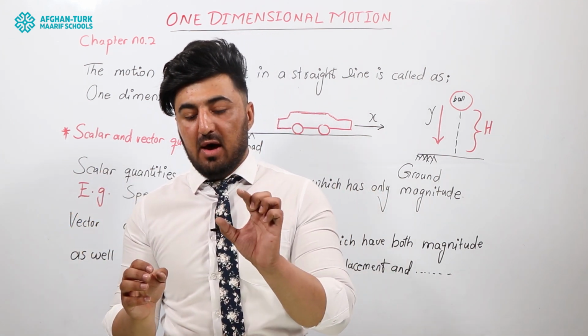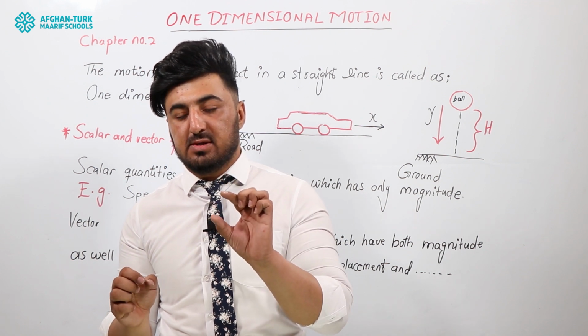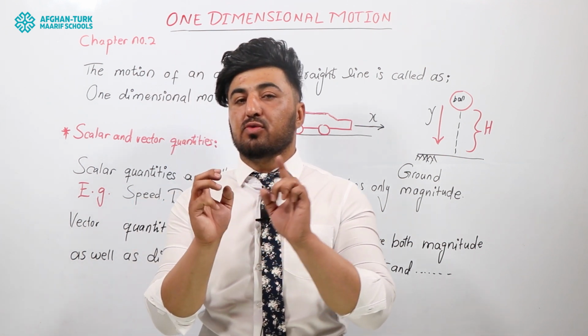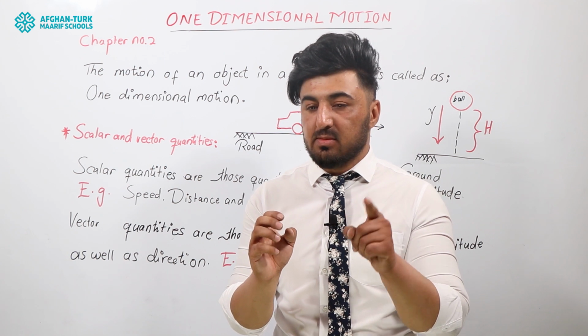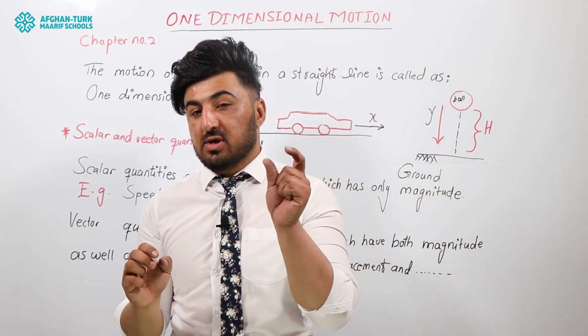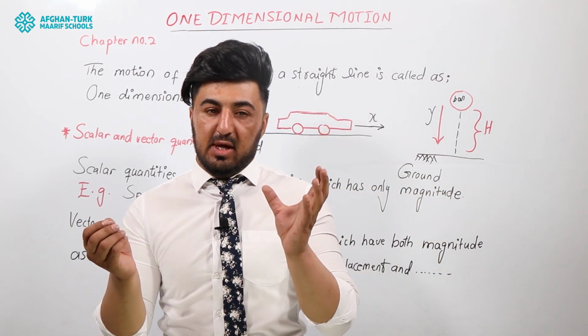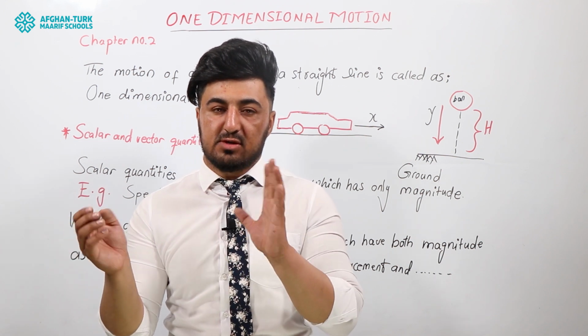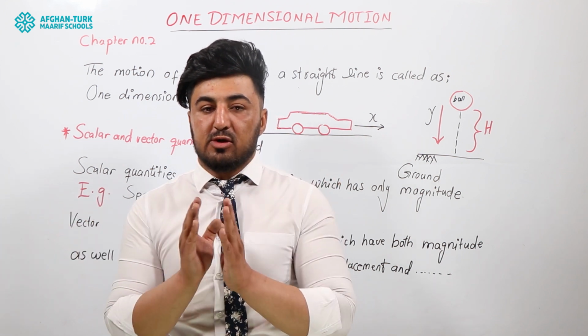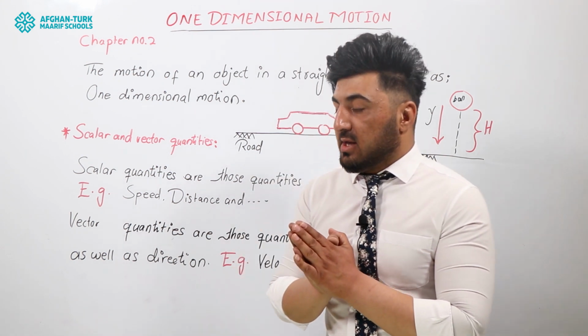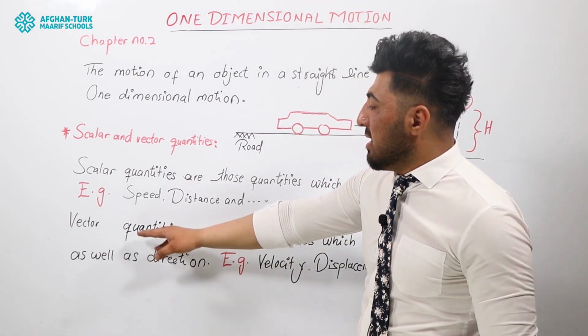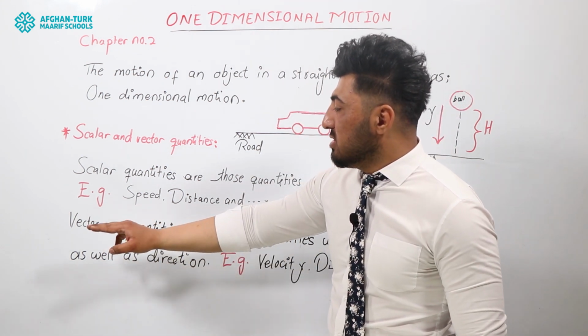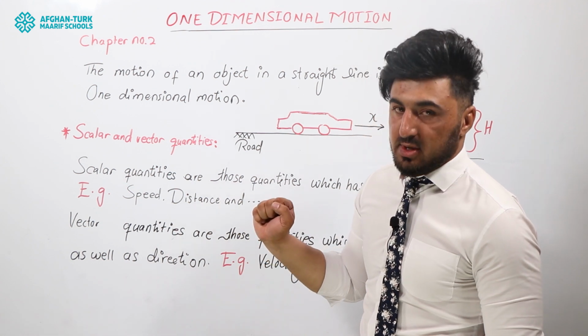So we have mentioned two things here: the magnitude, which is 20 kilometers per hour, as well as the direction, which could be east, west, north, or south. So that's why it is a vector quantity.